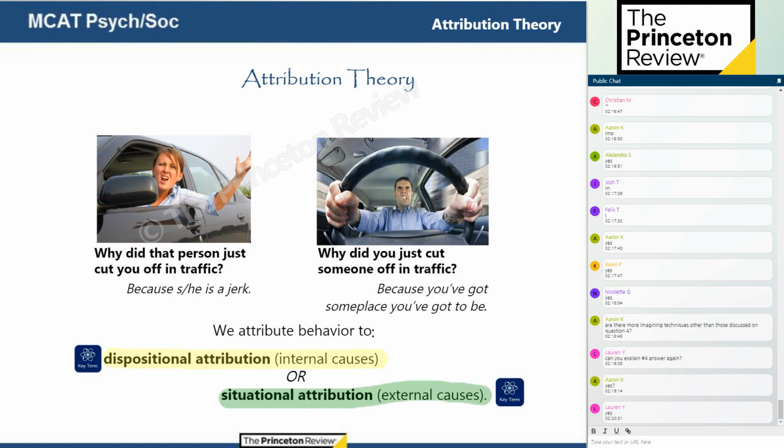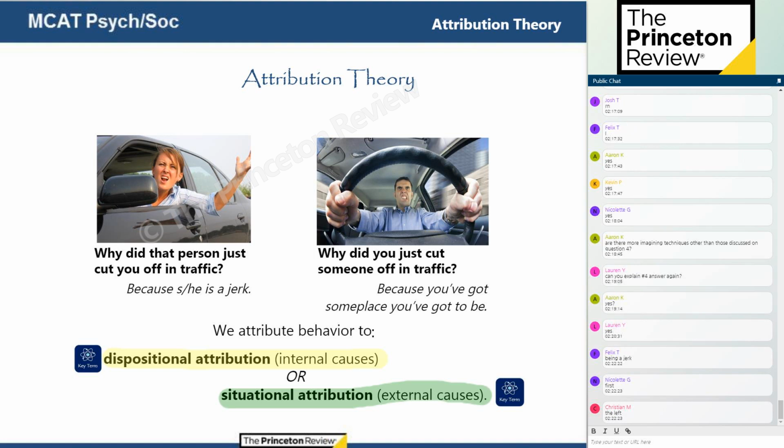Which one of these two examples is the dispositional attribution? Yeah, the one that says they're a jerk. The one that says, because I got someplace to be, that's situational. Dispositional is the person did it because they're jerky.